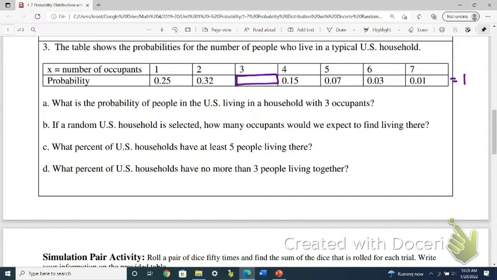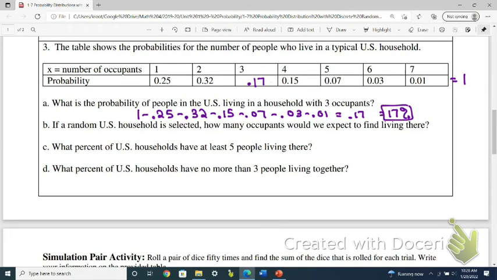So I need to subtract from 1 all the other numbers from it, because I know that row needs to add up to 1. Which I get 0.17, so that is 17%. And again, I'm going to go ahead and put that right in my table up here, so I don't have a blank, because I'm going to need that information for future problems.